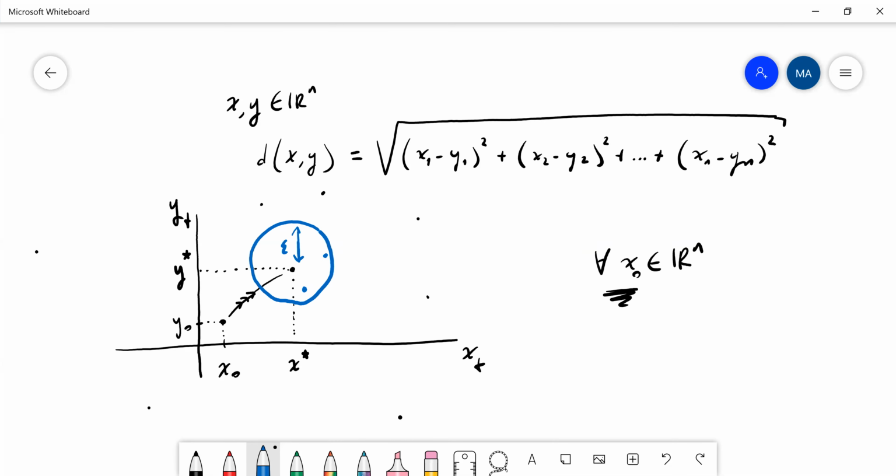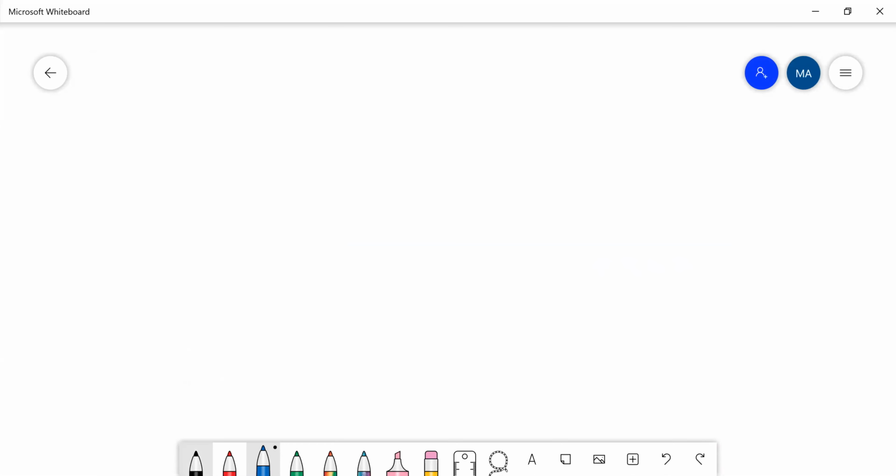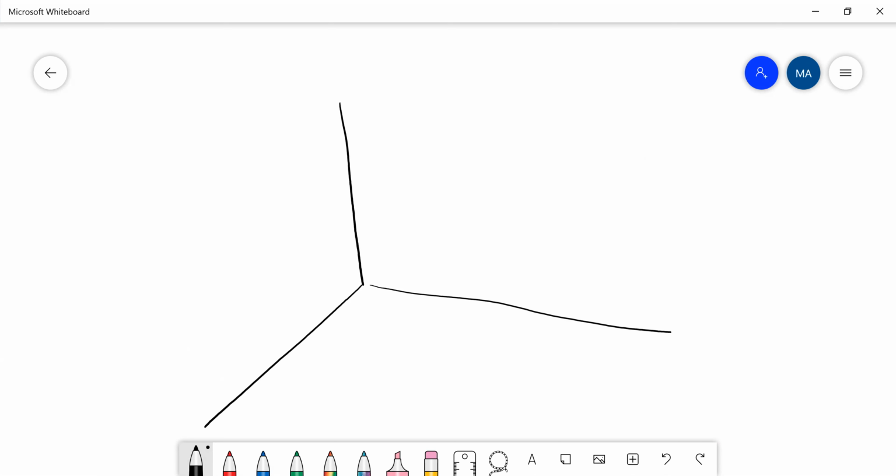X0 should be in the ball, so this is B epsilon of x star. And it doesn't have to be two-dimensional. It is true for any system in Euclidean space.